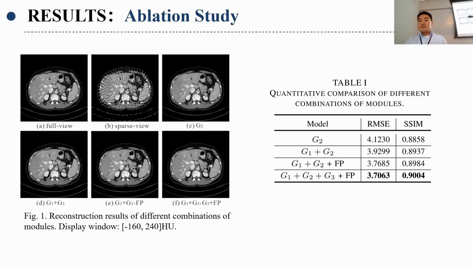Compared with the third experiment, the fourth setting considers the error caused by the forward projection, and the experimental results show that the reconstruction quality is further improved after considering this forward projection error.